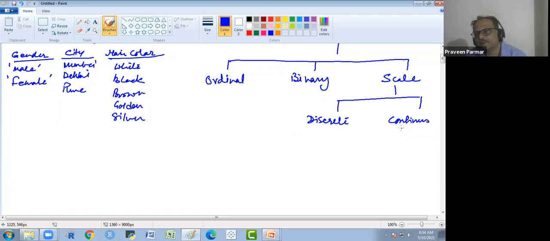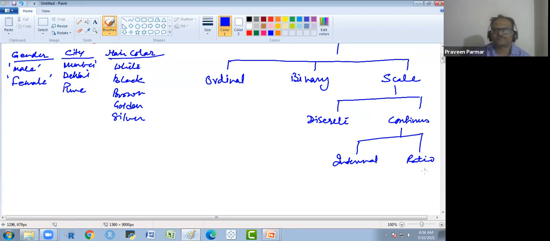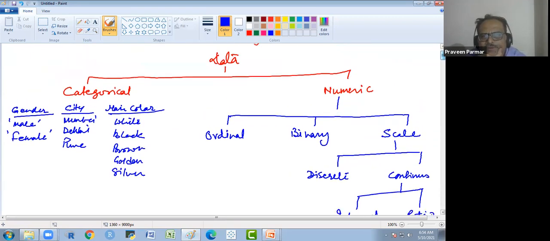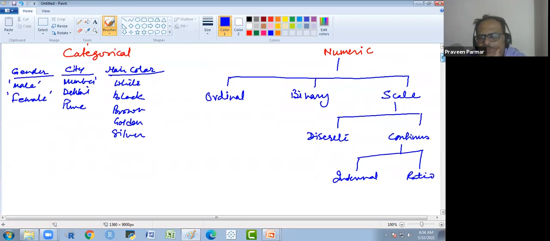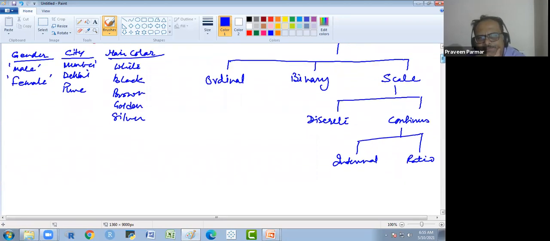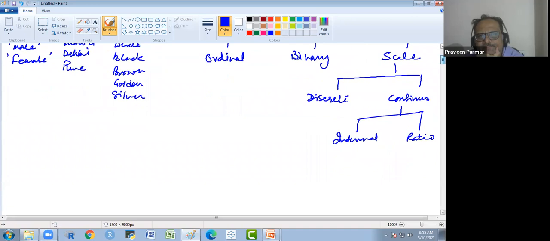In continuous, we again have interval and ratio. So this is our hybrid classification, and first I will talk about ordinal data. What is ordinal data?